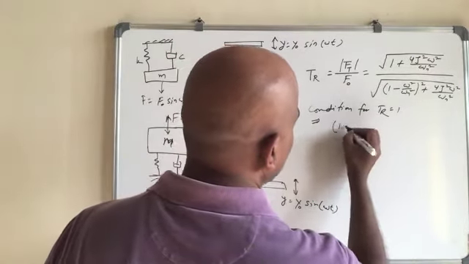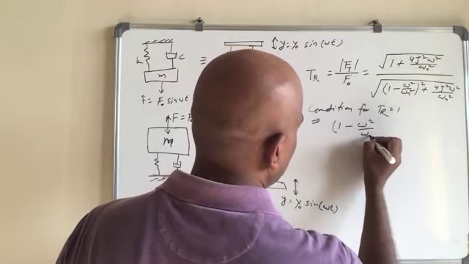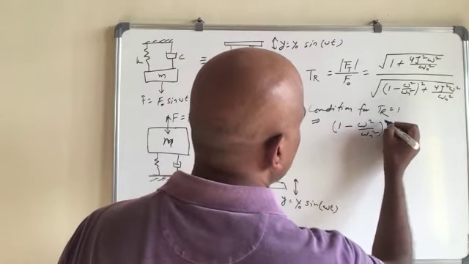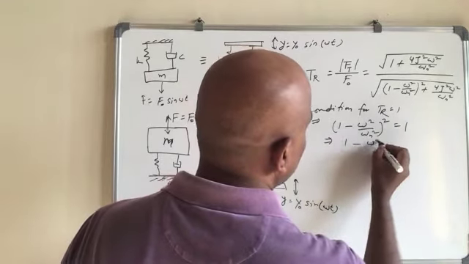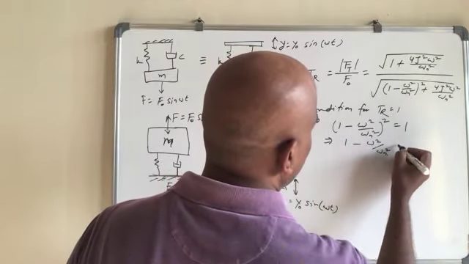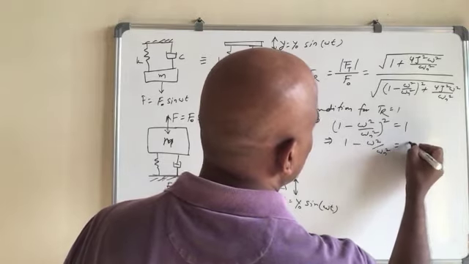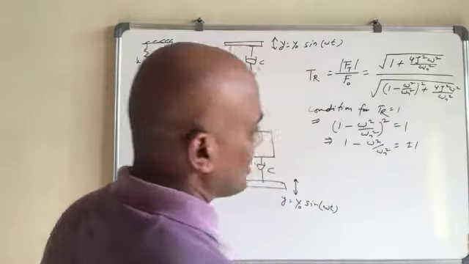When 1 minus omega square over omega n square equals 1, or 1 minus omega square over omega n square is equal to plus minus 1, basically, right?